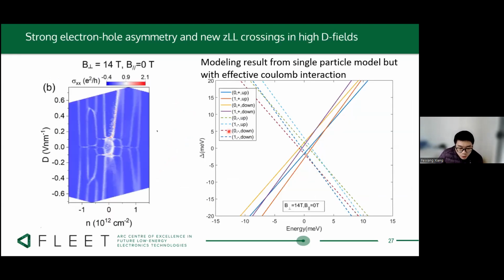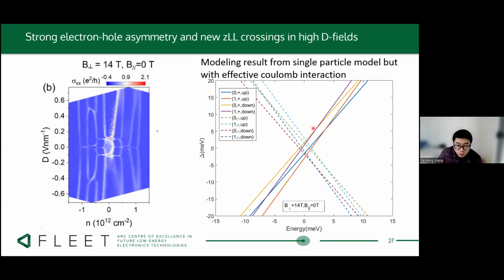So what we did is we add a simple term in the Hamiltonian of the single particle model to mimic the Coulomb interaction.